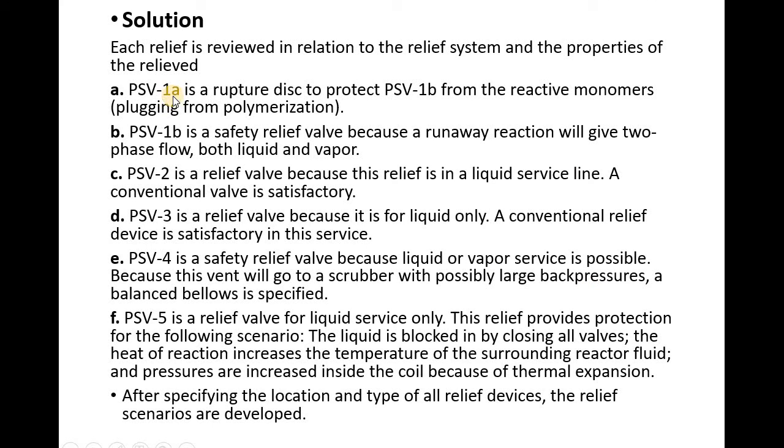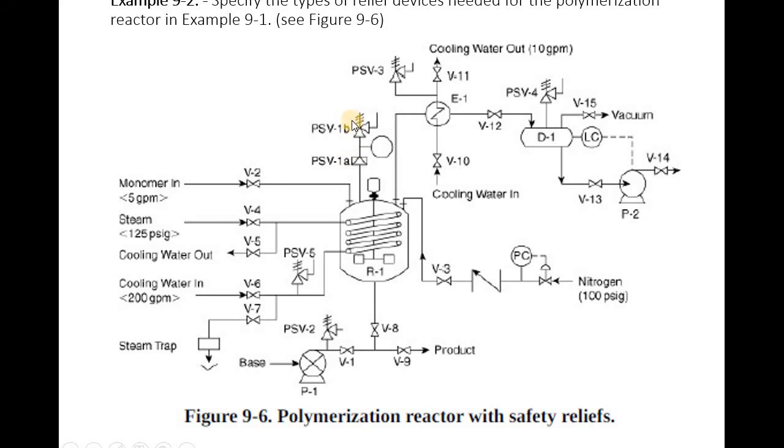Now we already said that we have PSV 1A and PSV 1B. You can see here PSV 1A and 1B. Oh my God, what is the difference between these two? We know this shape, which is the normal safety valve, for the spring. What about the one here?